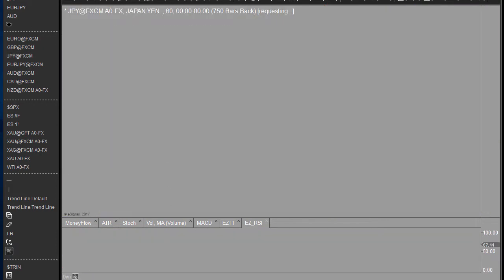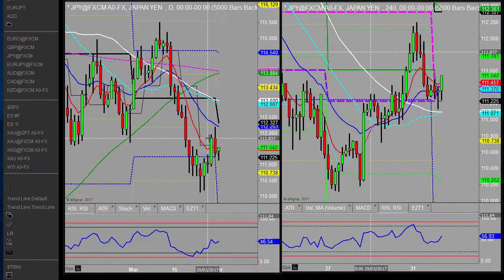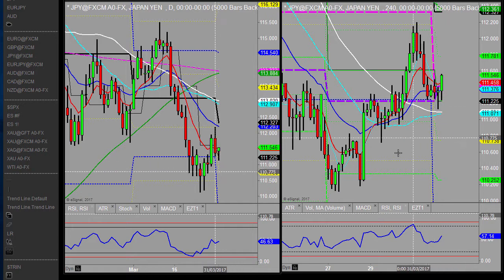Okay, dollar yen. Dollar yen gained some back on Friday, maybe opening the way now for perhaps a move back up. We've got the end of the month out of the way on the dollar yen, so there is the potential of pushing back towards the monthly pivot sitting above us. We're just bouncing off the weekly pivot here in the short term.